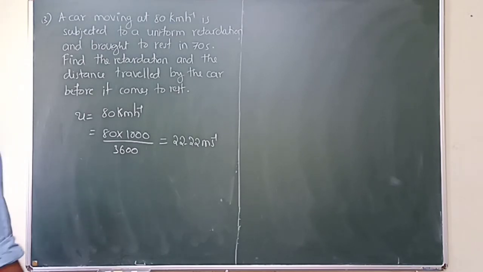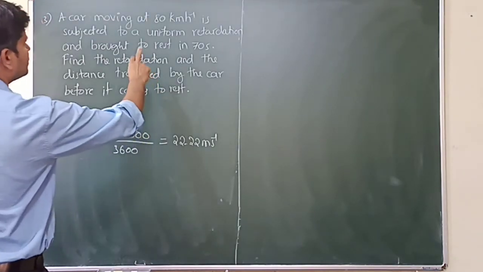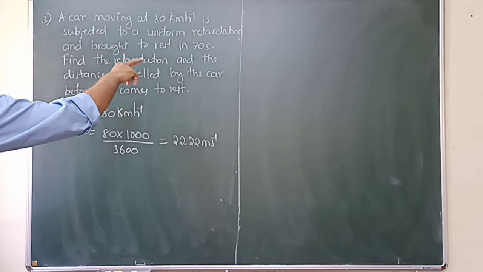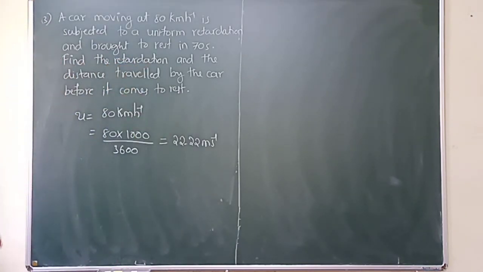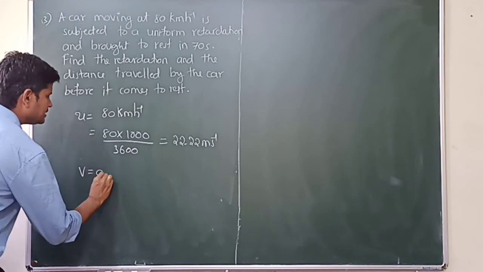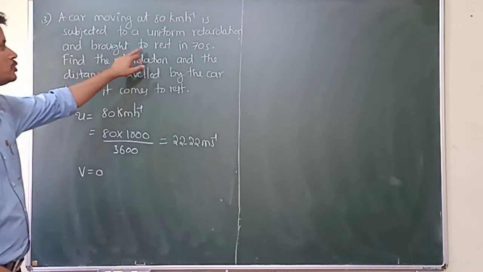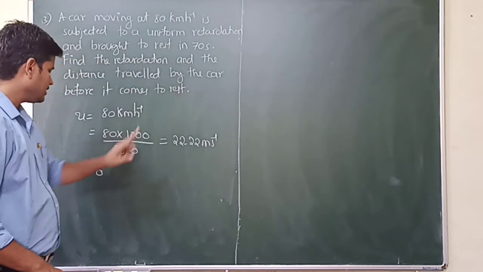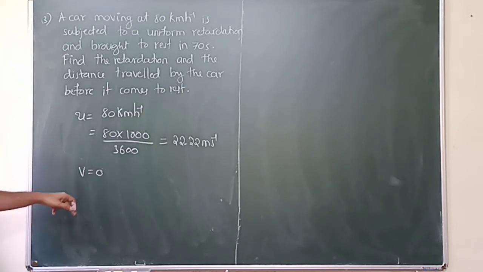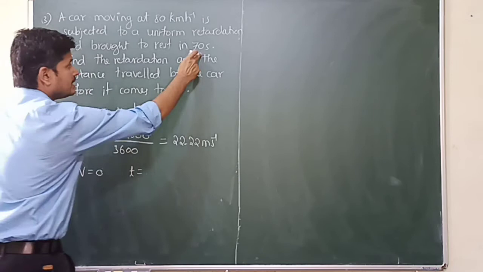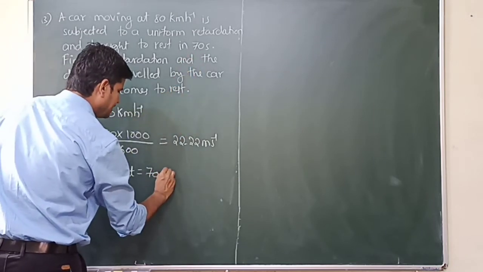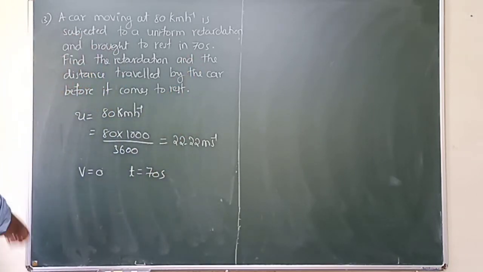What do we need? Subjected to uniform retardation and brought to rest. It's the final velocity. Final velocity is 0 because it is brought to rest, right? Therefore, final velocity is 0 and t is given, 70 seconds. We need acceleration first.